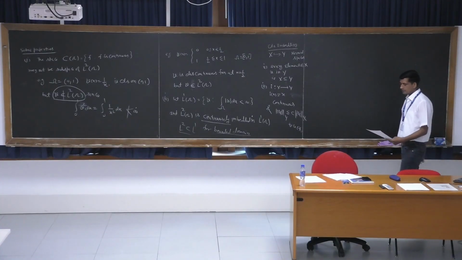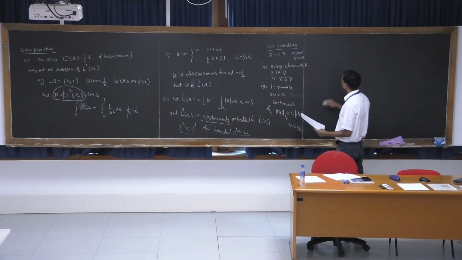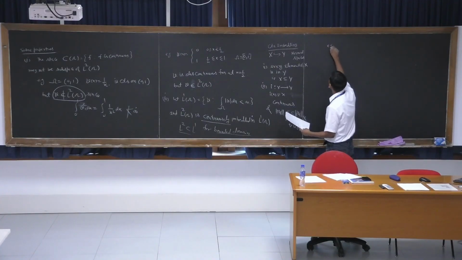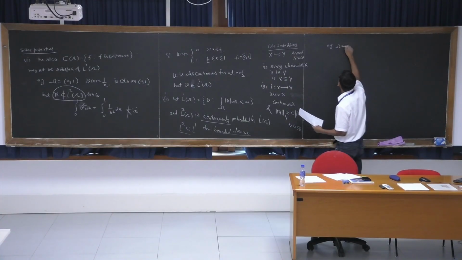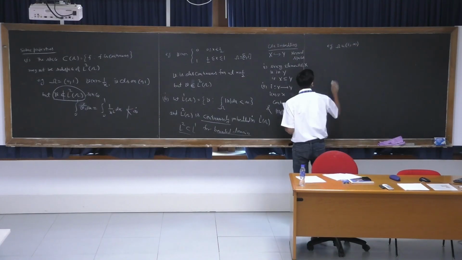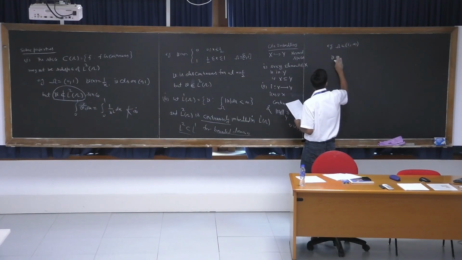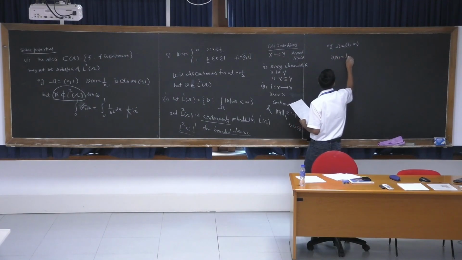So, for example, for an unbounded domain, our domain is 1 to infinity. This is an unbounded domain, and consider v(x) equal to 1 by x.